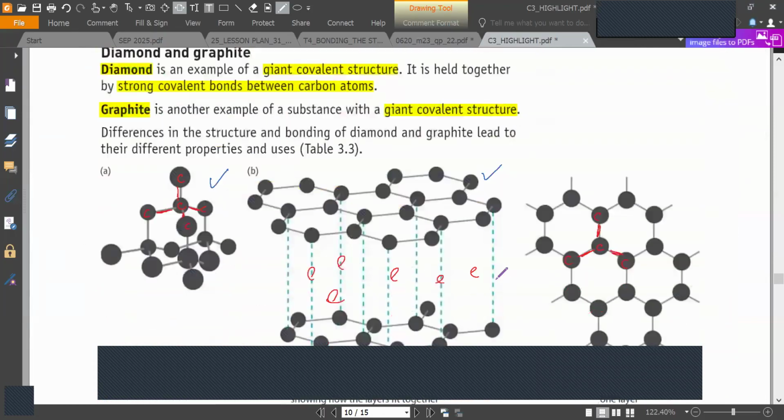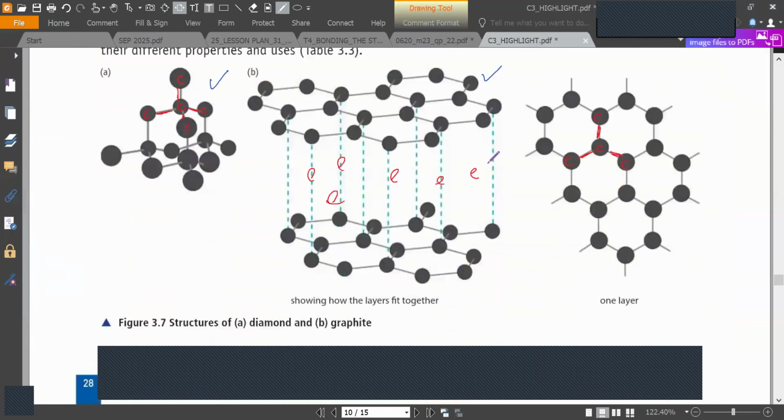There are free electrons in the graphite, and we have weak intermolecular forces between the layers. So when we push the layers, they can slide over each other.